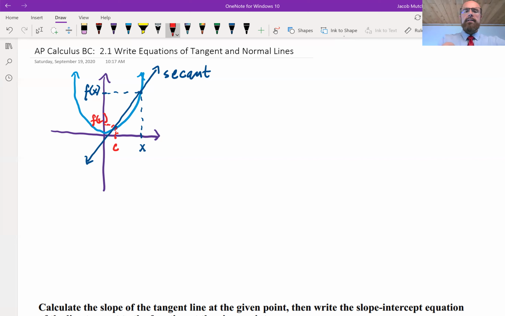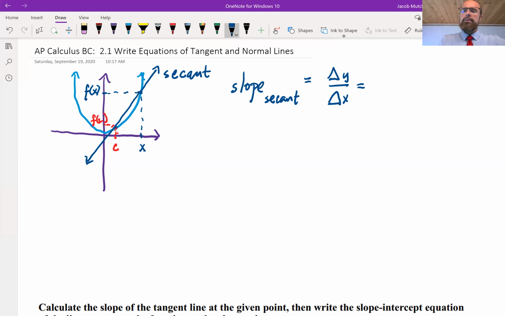So let's define the slope of the secant in terms of those 2 points and the way that we've labeled them. So the slope of the secant line, remember from algebra 1, it's really the change in y over the change in x, delta y over delta x.